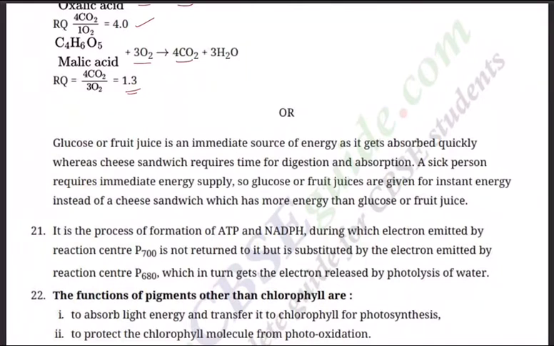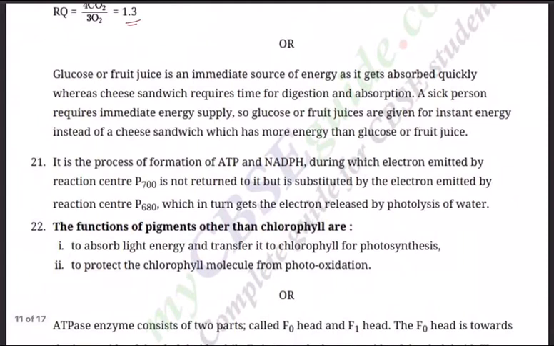A cheese or a sandwich has more energy than glucose or fruit juice, but it takes time for the patient to get that energy. Hence, it is always advisable that glucose in the form of liquid be administered to a sick person, and fruit juices are better than the cheese and the sandwich.